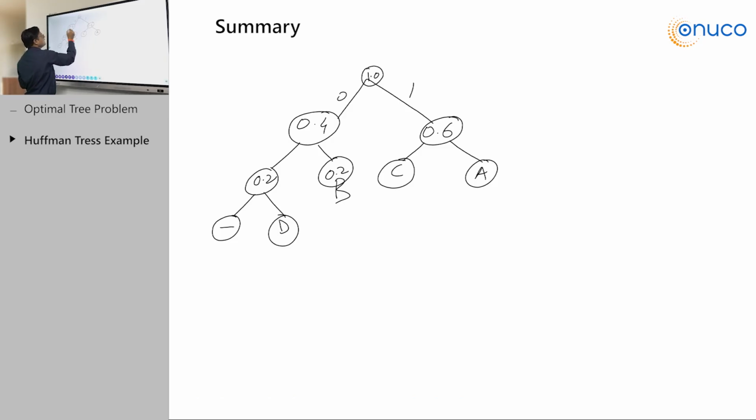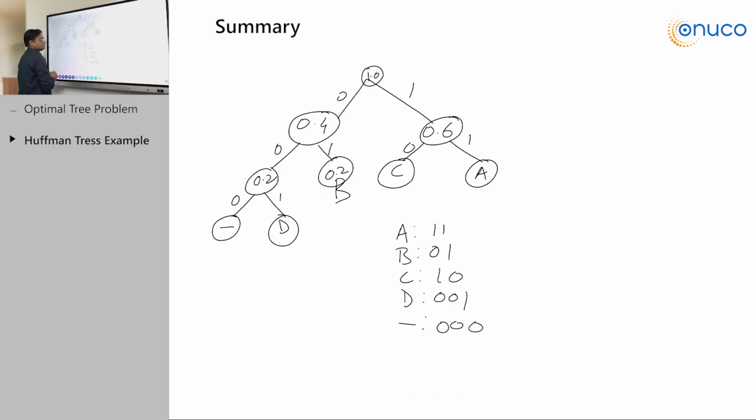All the left branches we assign with a 0, and the right with a 1. The value of A is 11. The value of B is 01. The value of C is 10, the value of D is 001, and the value of hyphen is 000.